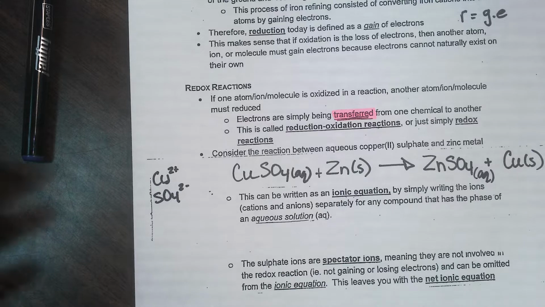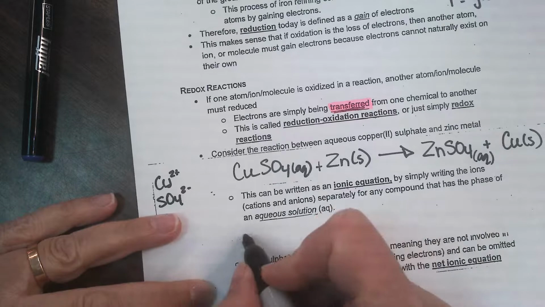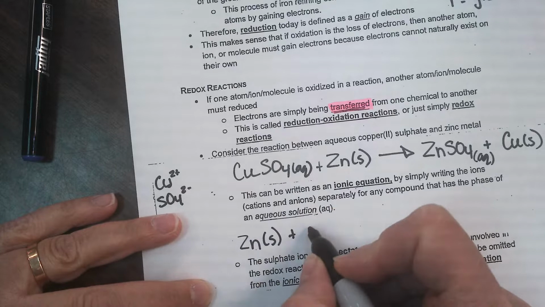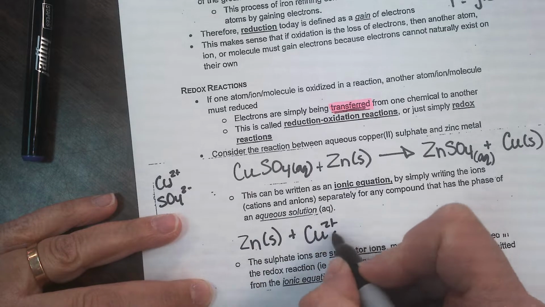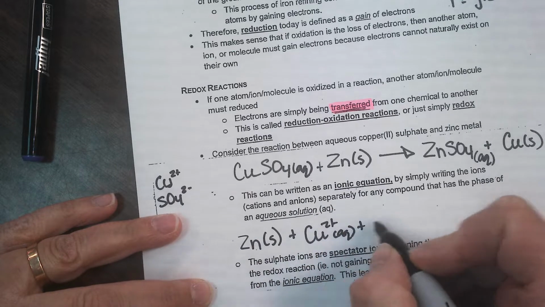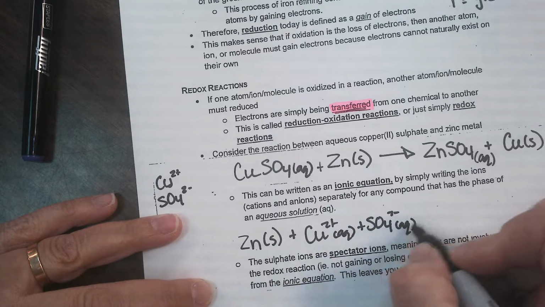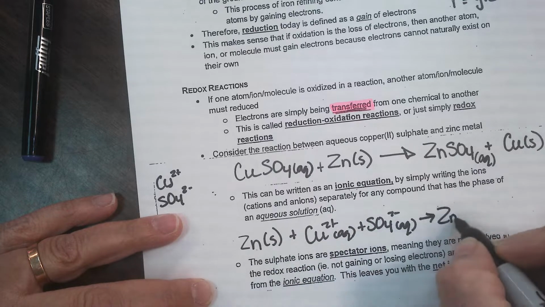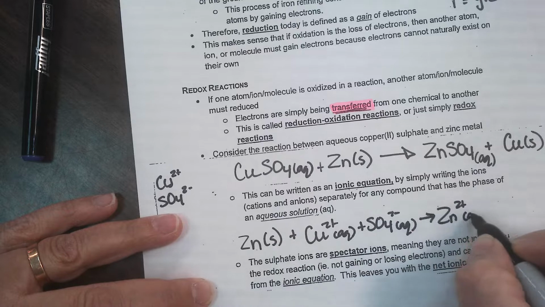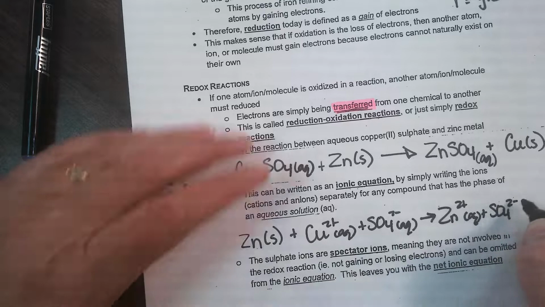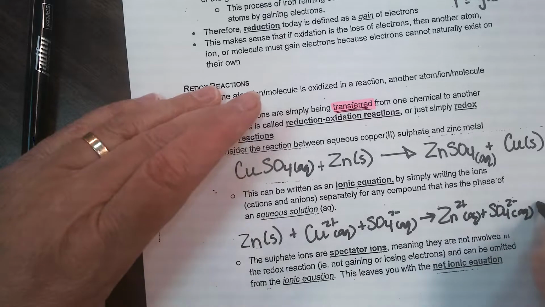And then we can do an ionic equation. We just finished doing these things. So zinc solid plus copper 2 plus sulfate 2 minus is going to give me zinc sulfate plus copper.